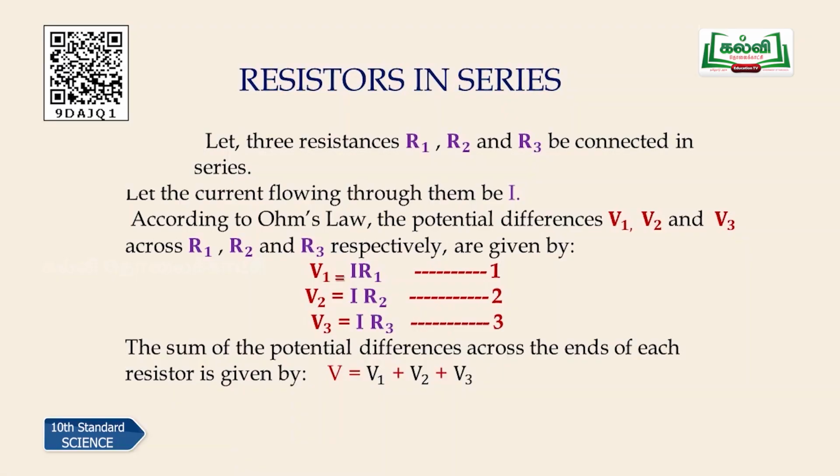Now what is the sum of the potential differences? Why are we adding them? Because for each resistor, the potential difference differs. So we have to find the total resistance and the total potential difference. To find the total potential difference, we have to sum up all the potential differences. So V is equal to V1 plus V2 plus V3.